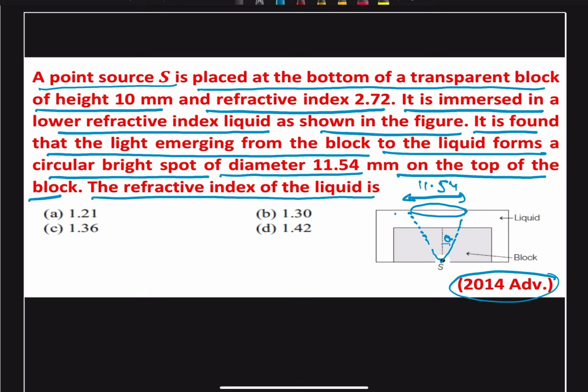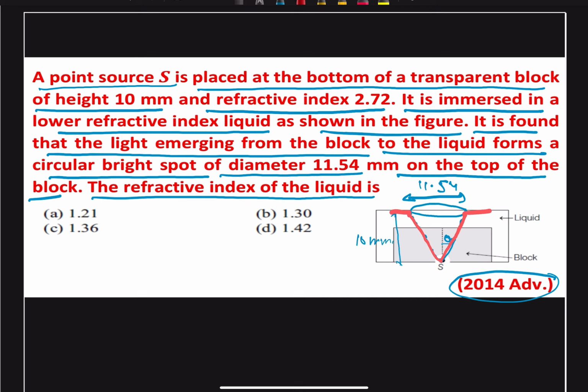So this height is our 10 mm. So we can draw a conclusion from here that the light which is not making a bright spot will be actually suffering the total internal reflection. Okay. So the light which is beyond this portion is going to suffer total internal reflection.